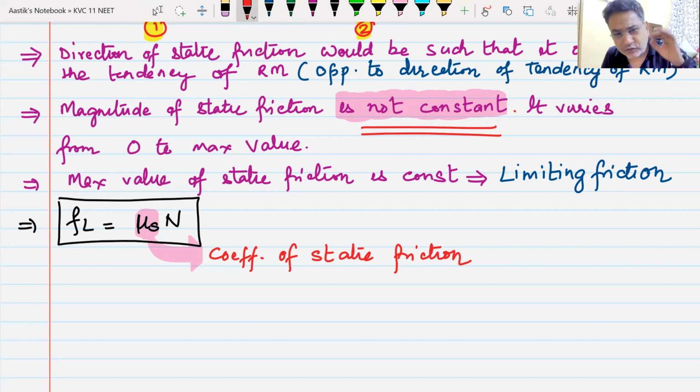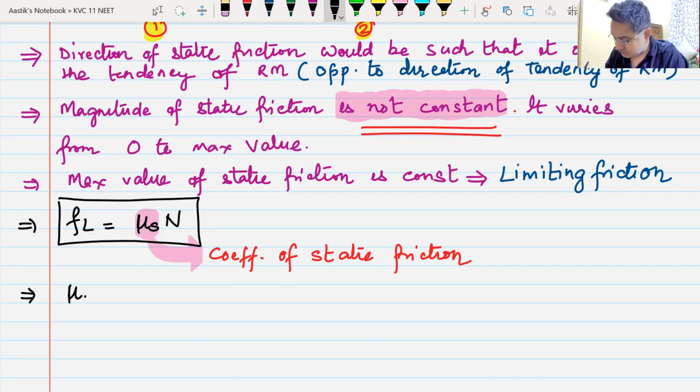The value of mu s depends on the bodies which are in contact. You can only change mu s by changing the bodies. This mu s is the same idea as your mu k. Do we understand this?